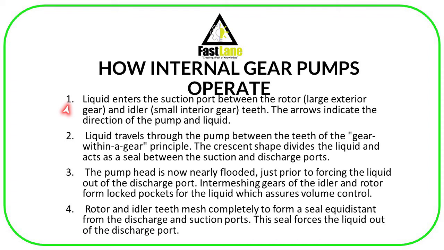So liquid enters the suction port between the rotor and the idler teeth. The liquid is trapped in the gear spaces and is carried from the inlet to the outlet port. The stationary crescent-shaped seal is the one that separates the intake and discharge portion of the fluid. So the seal forces the liquid out of the discharge port.